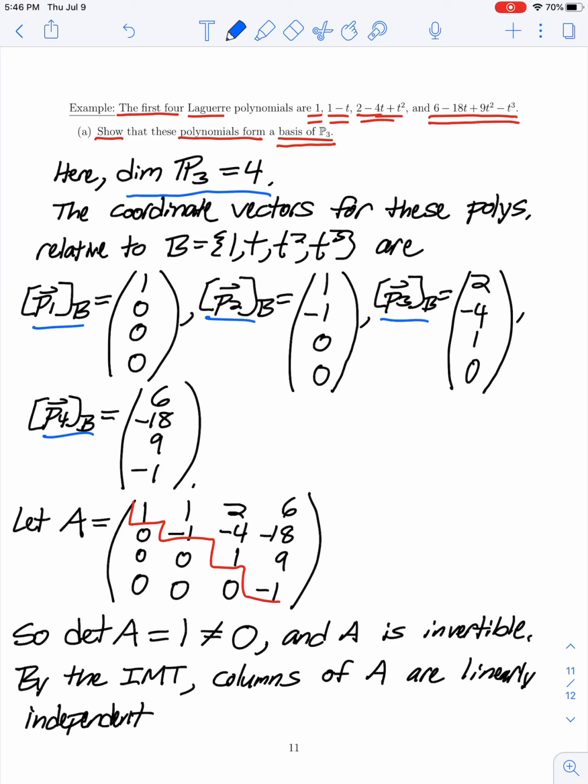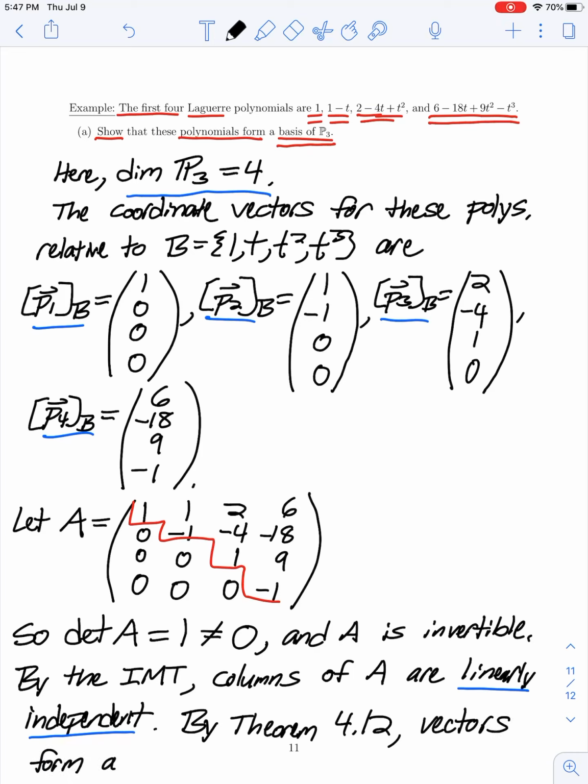So theorem 4.12 says, as soon as we've established that these vectors are linearly independent, we know that they form a basis. So here we can say by theorem 4.12, these vectors form a basis for P3.